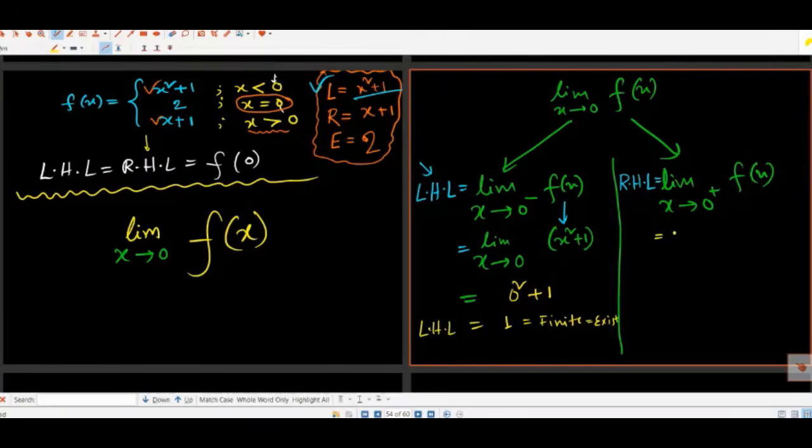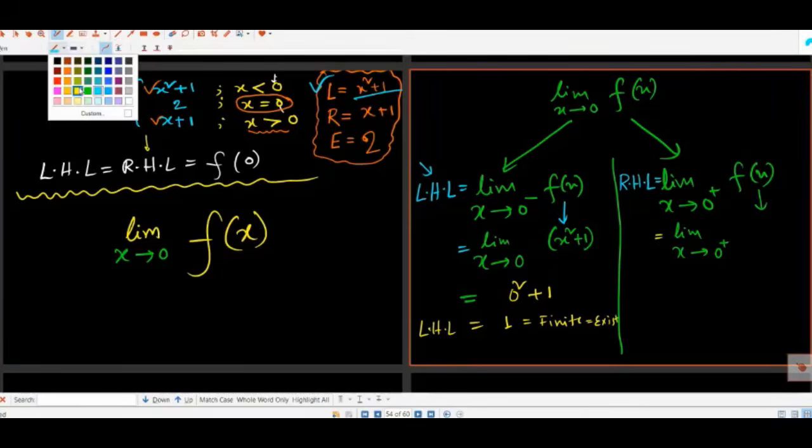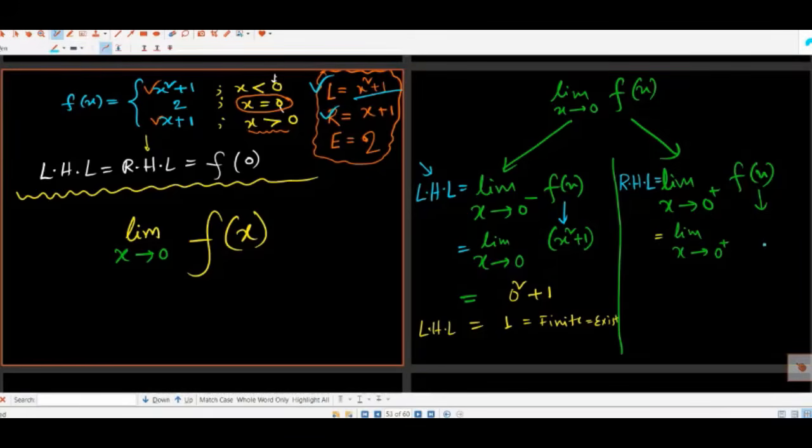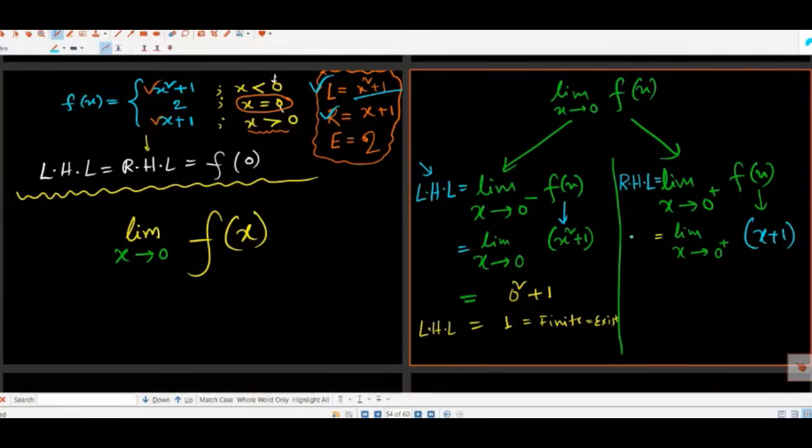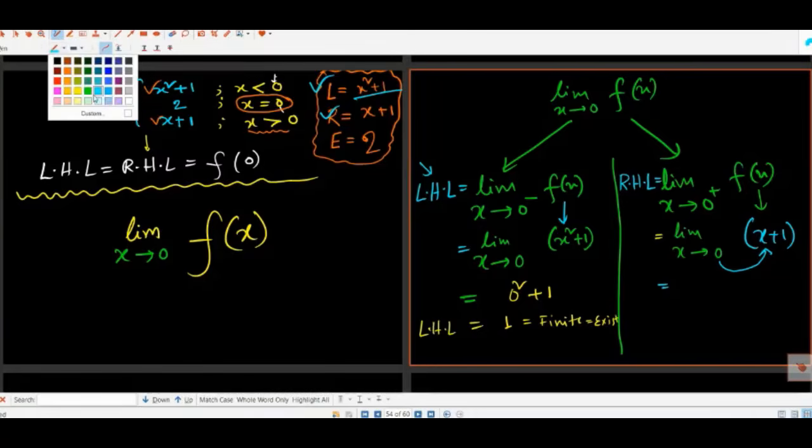Similarly, let's find right hand limit. So here, limit x approaches 0 plus. Which function is 0 plus or rightward function? Plus 1, sir. Yeah, thank you. So x plus 1 is our rightward function. So let's input x plus 1. Now we can drop this plus sign. Now the time is to input 0 where we have x. So 0 plus 1.